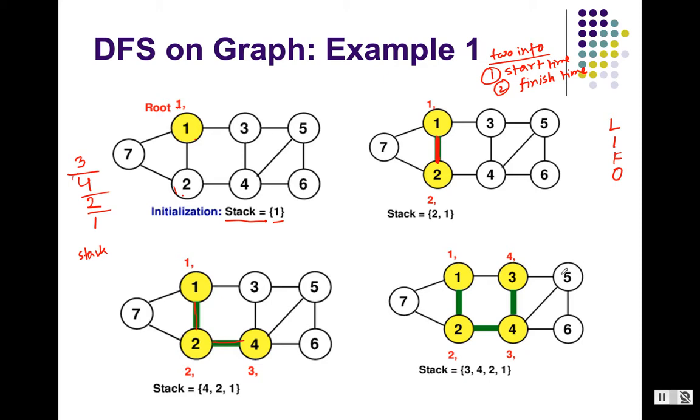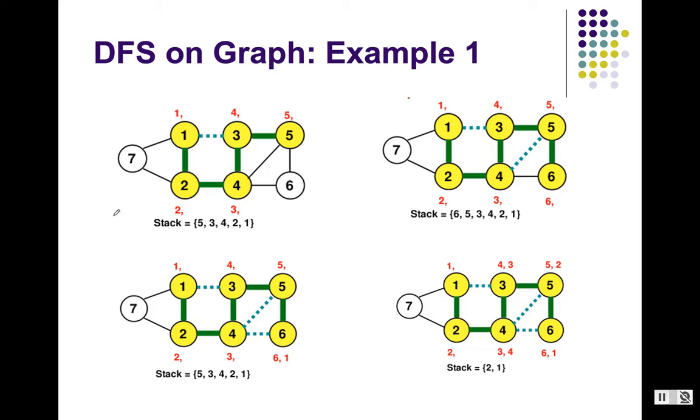We are going to node 5, which means we add 5 to the stack. The start time of 5 will be 4 plus 1, which is 5. Let's see how it looks. Our stack has 1, 2, 4, 3 and 5, and its start time is 5.